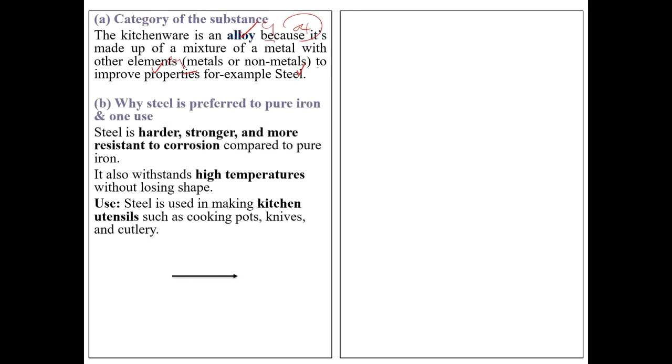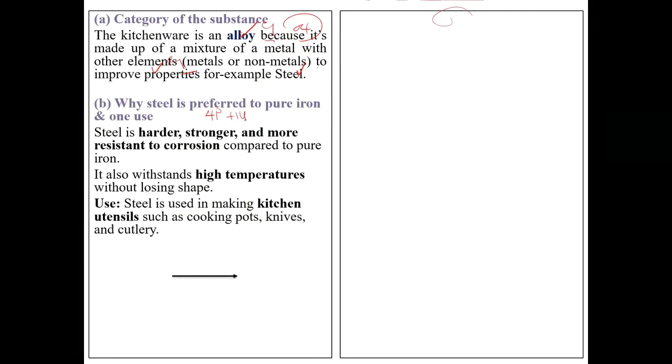So, let's see. Here we give properties, and we say that we give 4 properties and 1 use. Now, if you are giving 4 properties and 1 use, you get all the scores.